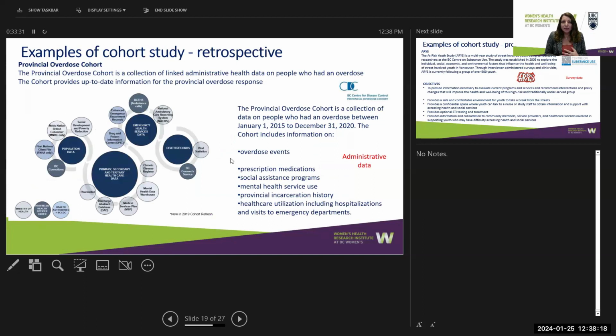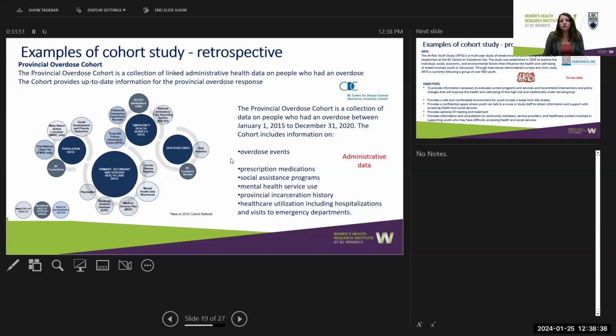Again, as an example of a retrospective cohort, I will be talking about the provincial overdose cohort. As you probably know, in April 2016, the BC ministry declared an overdose drug death emergency.